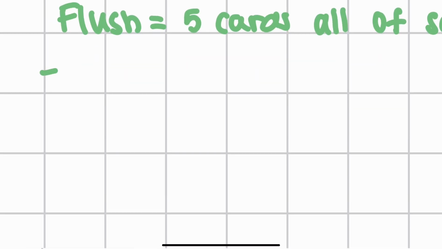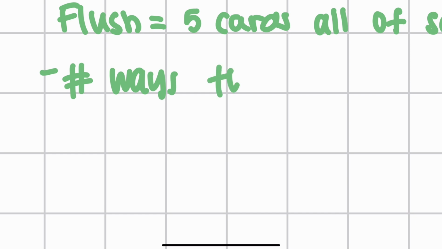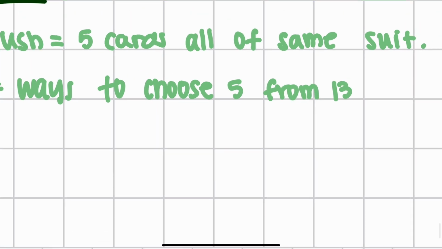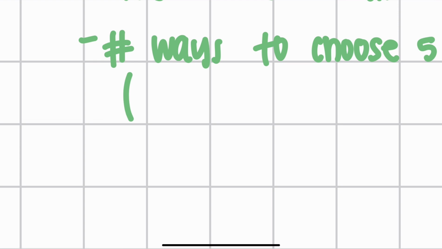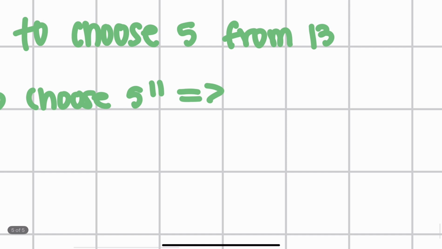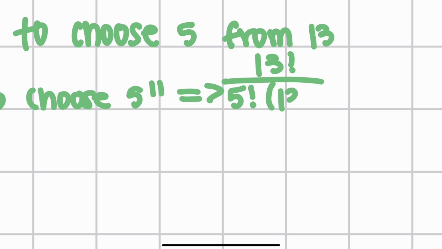So let's look at the number of ways to choose 5 cards from 13 in a suit. The way we find this is we say 13 choose 5, which is equal to 13 factorial over 5 factorial times 13 minus 5 factorial.